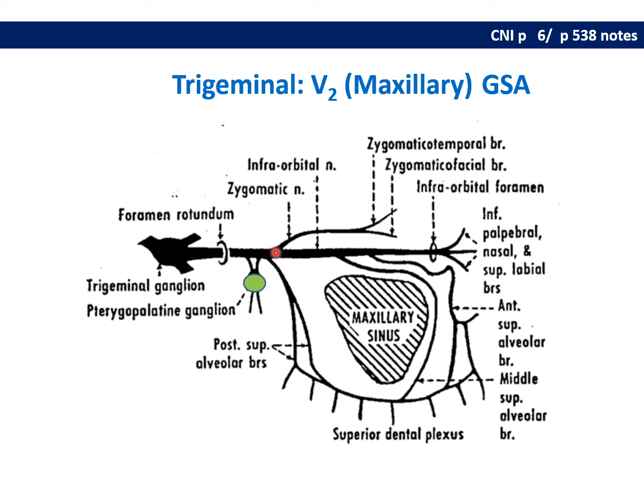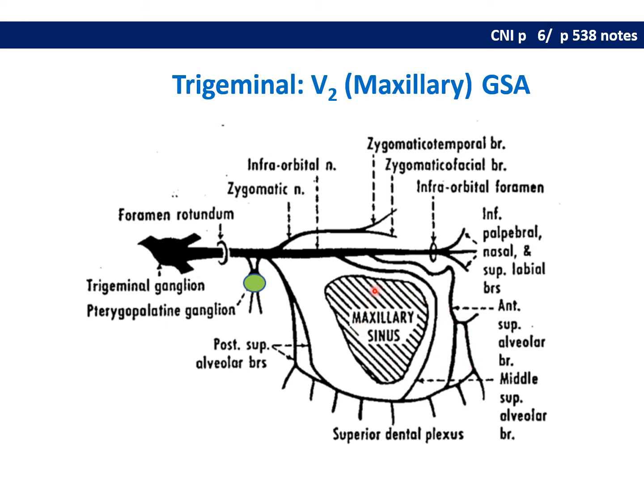In the pterygopalatine fossa, the infraorbital nerve continues through that infraorbital fissure and canal in order to give off the anterior and middle superior alveolar branches. Together, all three of these branches, posterior, middle, and anterior, provide sensory innervation around the maxillary sinus.